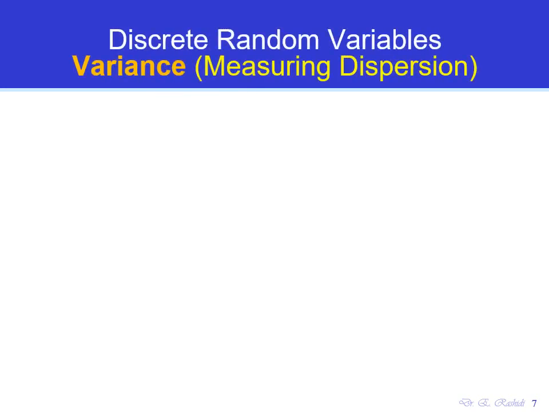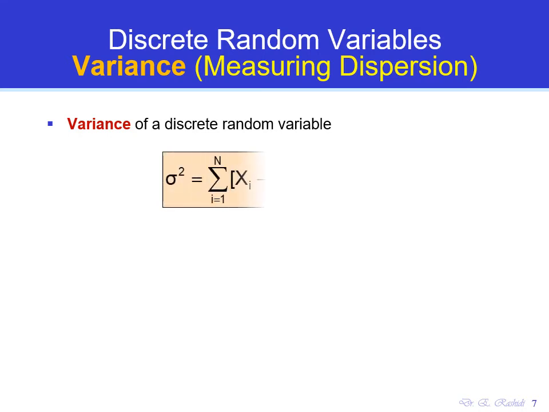Now that we extended the concept of average or mean for a random variable and we call it expected value, why not also extend the concept of variance and standard deviation for a random variable, which is a measure of dispersion or variability. We would define the variance for a discrete random variable using this formula.